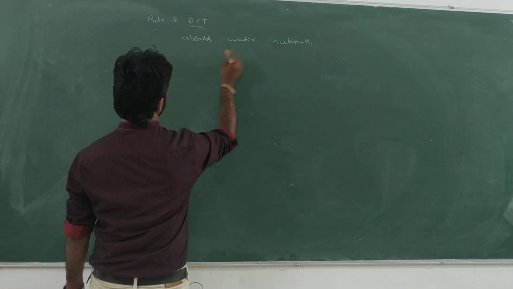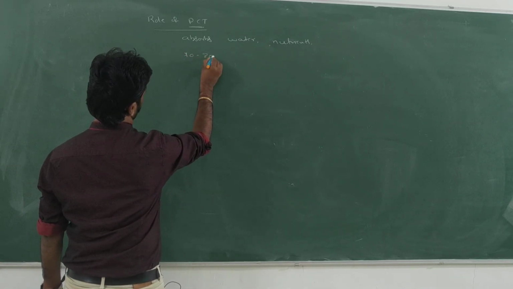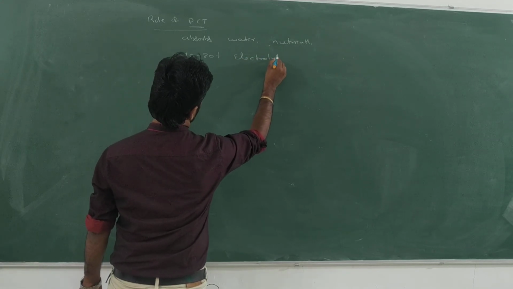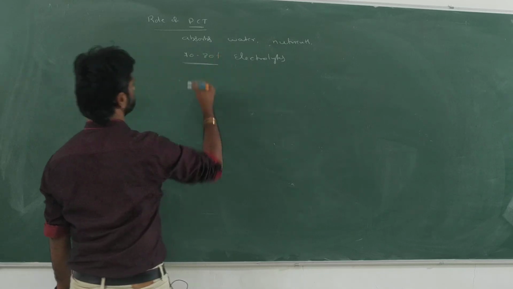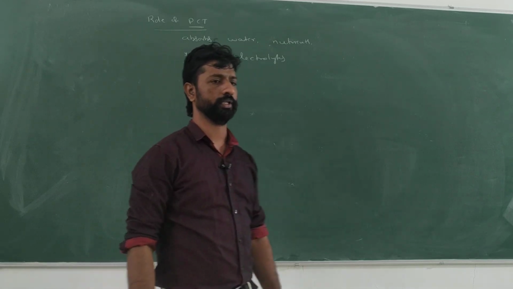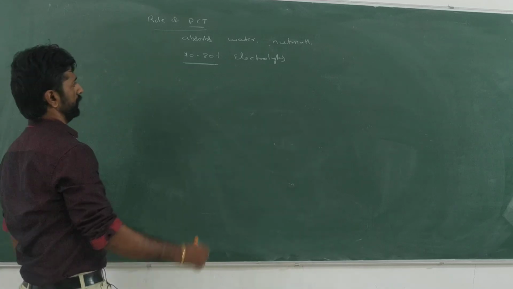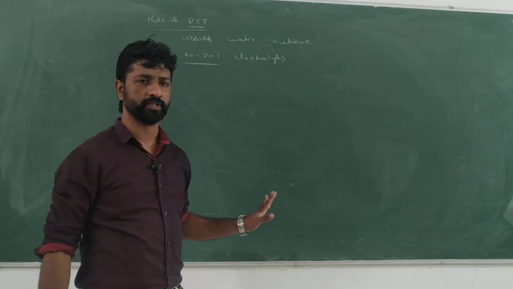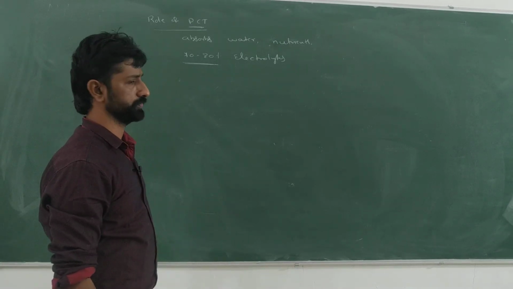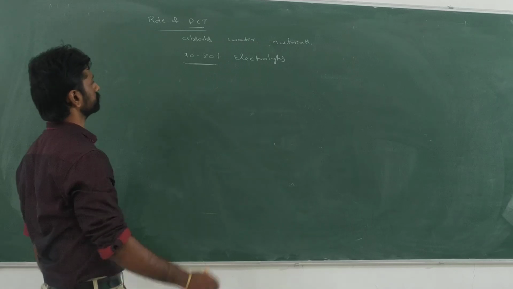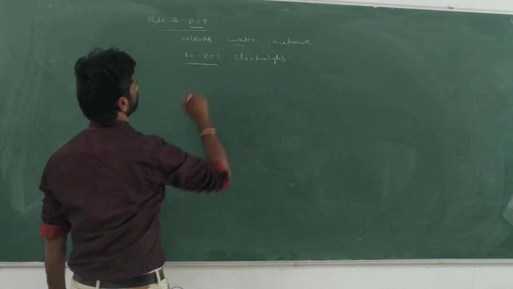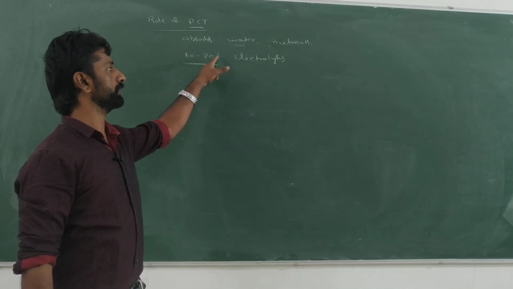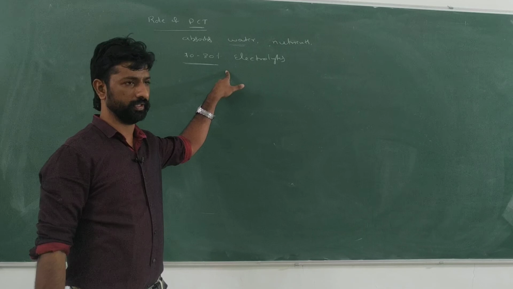Next, along with that, 70 to 80% of electrolytes. Wherever the numericals are there, these are very important for CET or NEET questions. How much electrolytes get absorbed in the PCT of the nephron? 70 to 80% of the electrolytes get absorbed. So the major part of the filtrate absorbed by the PCT is water, nutrients, and then the electrolytes.